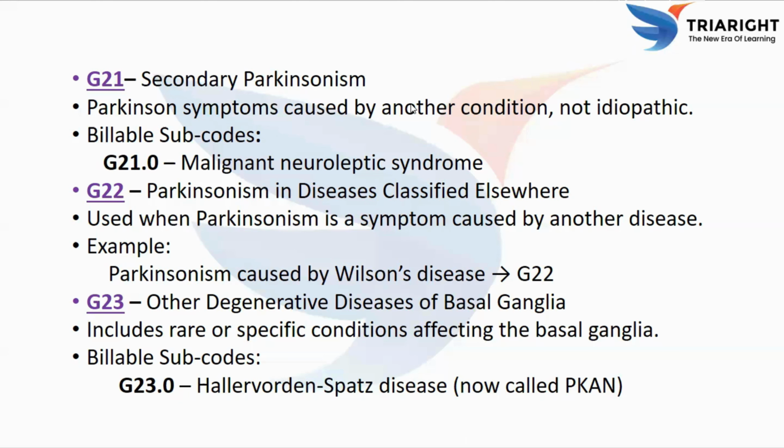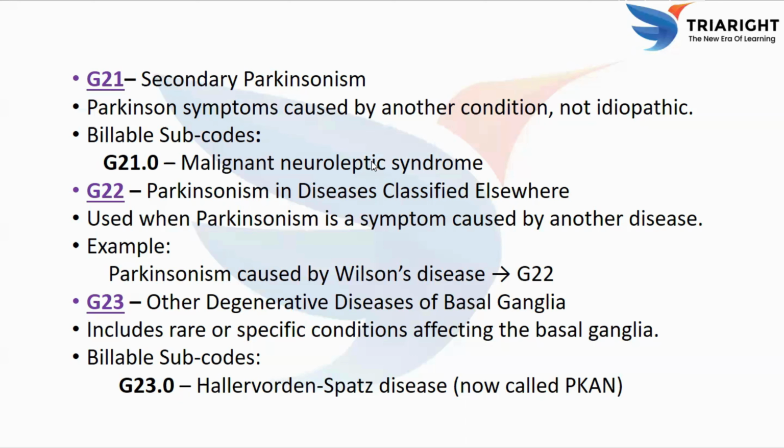This causes stiffness, fever and confusion. So whenever a malignant neuroleptic syndrome is diagnosed, you have to assign the code G21.0. So what next? G22, Parkinsonism in diseases classified elsewhere. So what do you mean by this? This G22 is used whenever the Parkinsonism occurs as a symptom of another known disease.